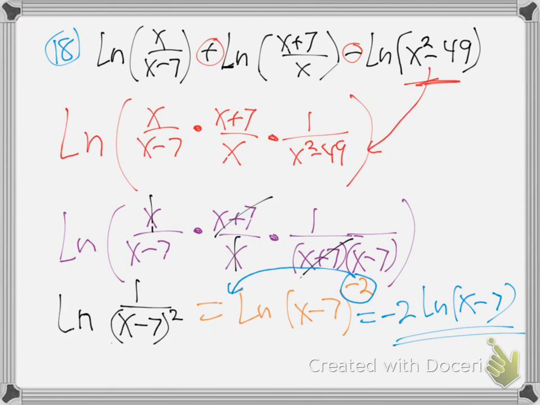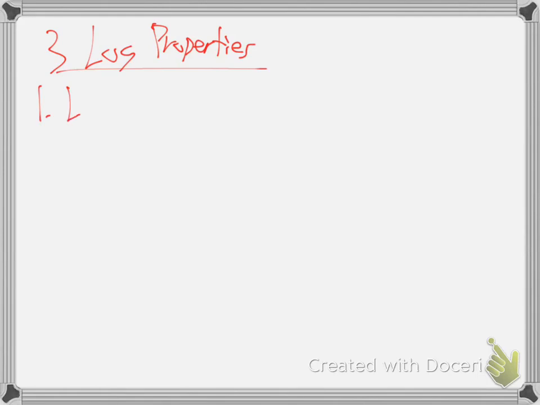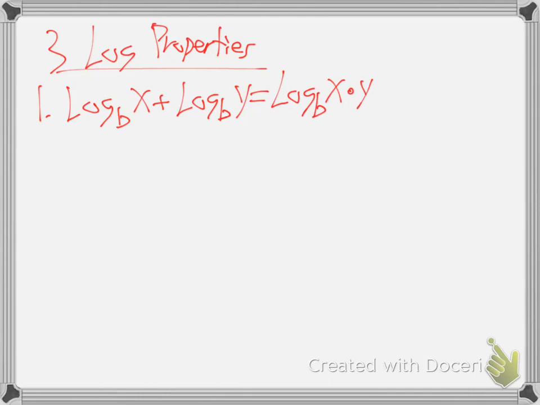What do you want to do, Abdul? So the 3 log properties, which you have on the sideboard as well, but in case you can't see that very clearly. Number 1: log base b of x plus log base b of y is log base b of x times y.